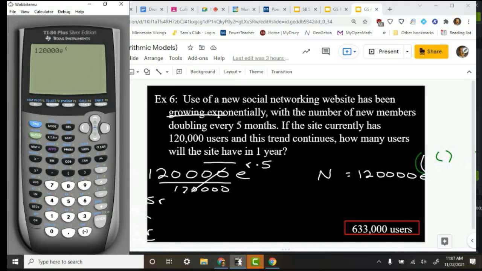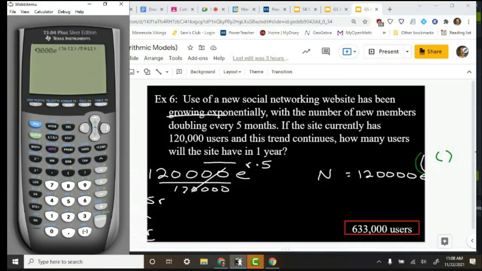So it's going to look like parentheses, and we're going to type in natural log of 2, and then close the parentheses, divided by 5, and then times, what was that number? 12. And then we finally close the parentheses for our exponent.